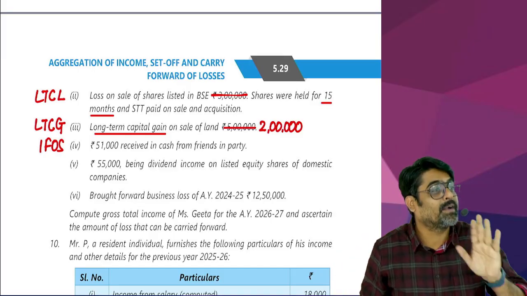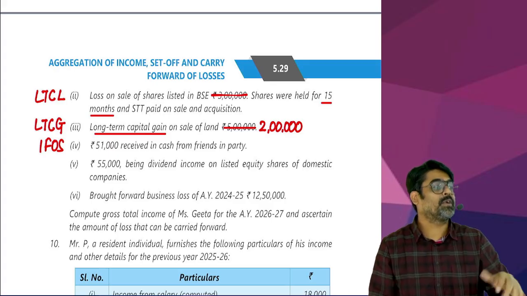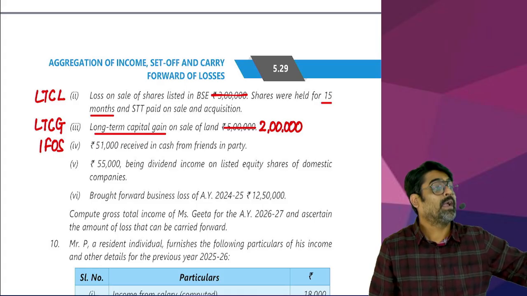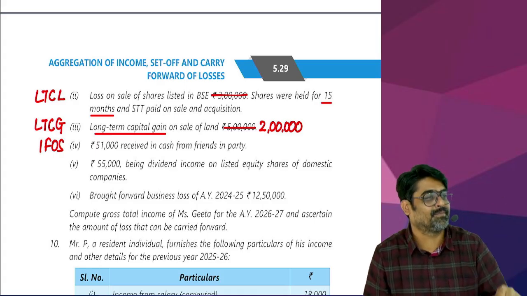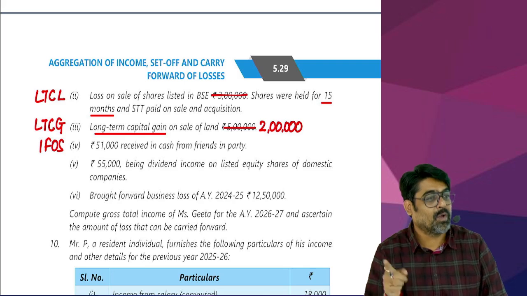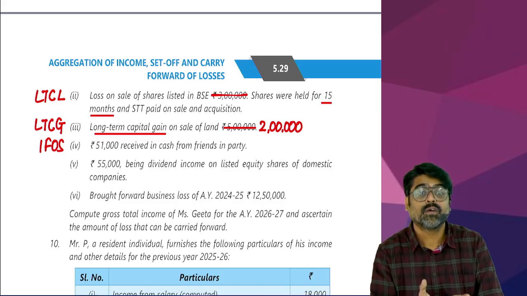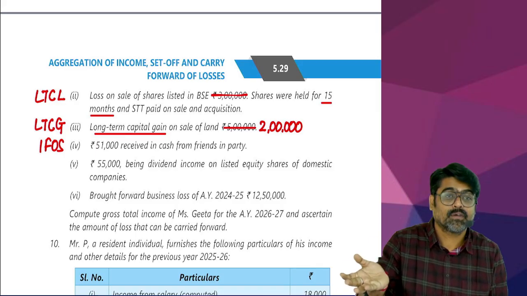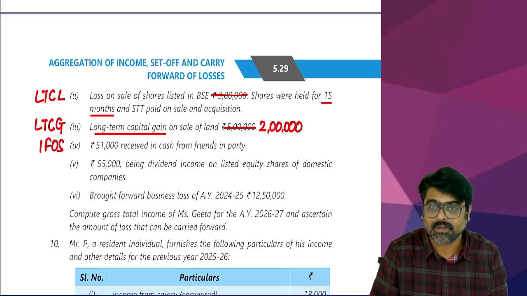I told you that under the head IFOS, loss of any source can be set off against income of any other source, even if that income is gift income. The loss cannot be set off against winnings. But under the head IFOS, against gift, the loss can be set off because gift is your normal source of income. Yes or no?